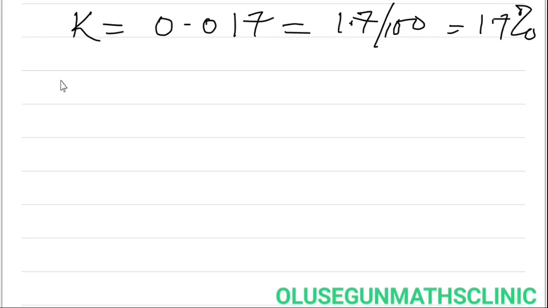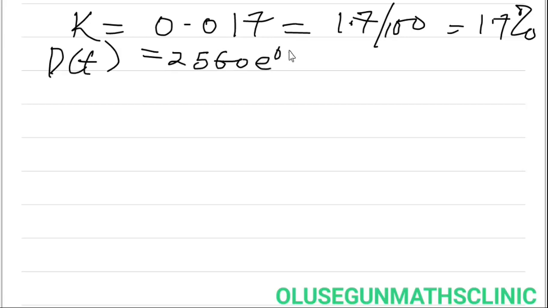So the real equation now gives us P of t equals 2,560 e exponential 0.017185 t. This is the general equation for the population in the question given.